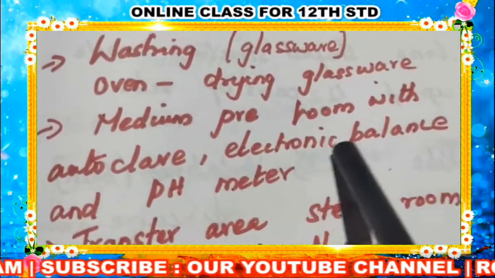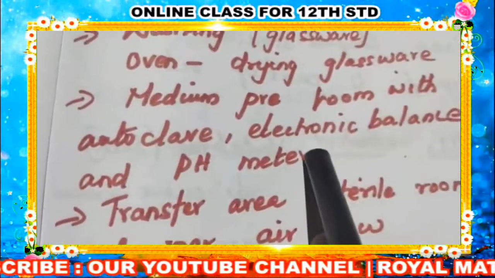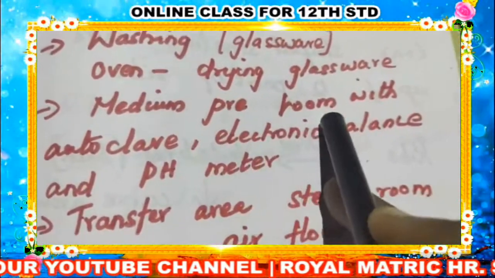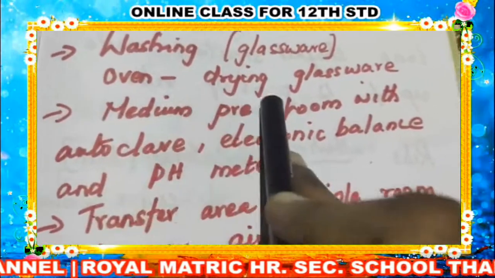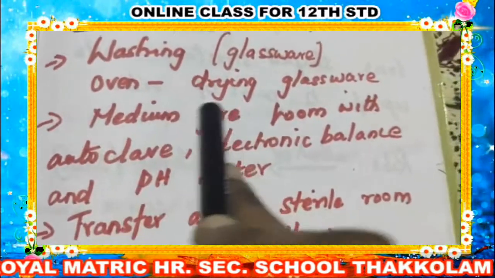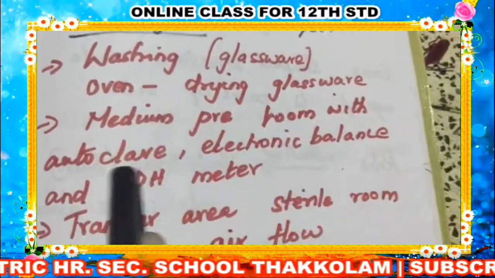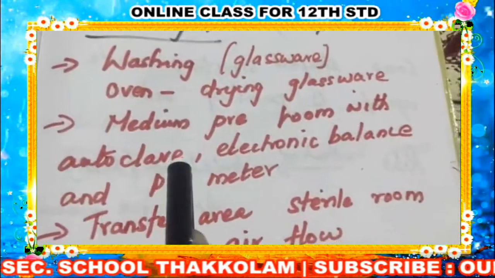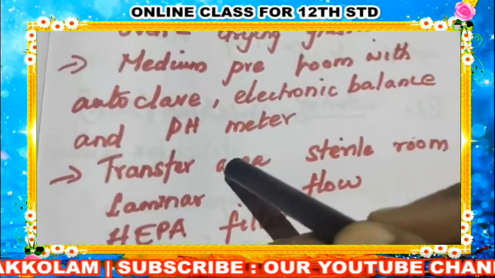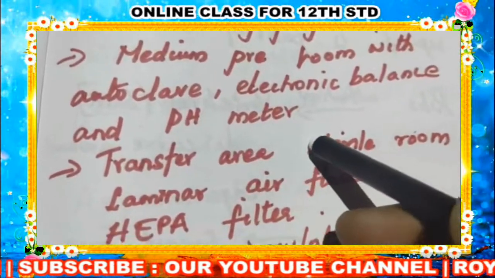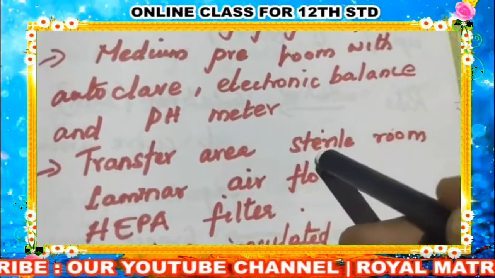And then an electronic balance and a pH meter. The medium is the culture medium in which you grow the plant. That medium preparation room should be equipped with an autoclave, electronic balance and pH meter. Then the transfer area should be sterile, meaning clean and clear.